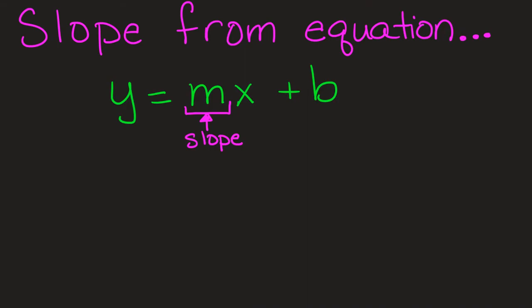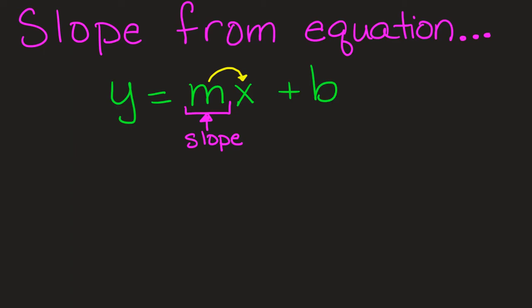Okay, so on this one, we're going to find slope from an equation. And remember, y equals mx plus b is the linear equation. This is pretty much what algebra is all about, this linear equation. So if you can remember that slope is the m, do not forget that slope is attached to the x. Slope is not x. Slope is located right in front of x.